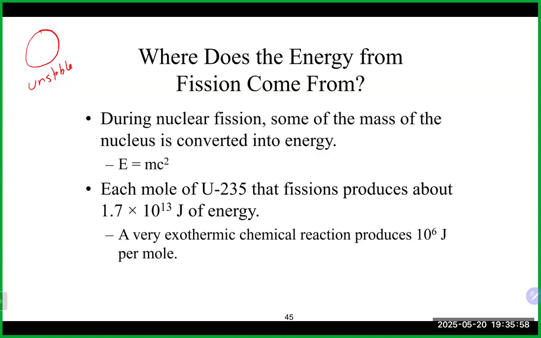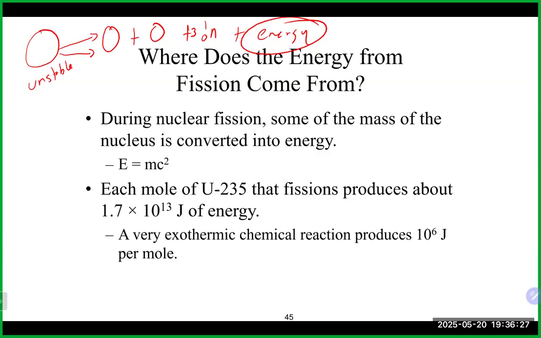It will typically go through a fission reaction where it will make two new nuclei. It also will usually release some neutrons, maybe a number of neutrons, and it also will release a good amount of energy in that process. The fission reaction is the reaction used in things like a nuclear power plant and so forth.